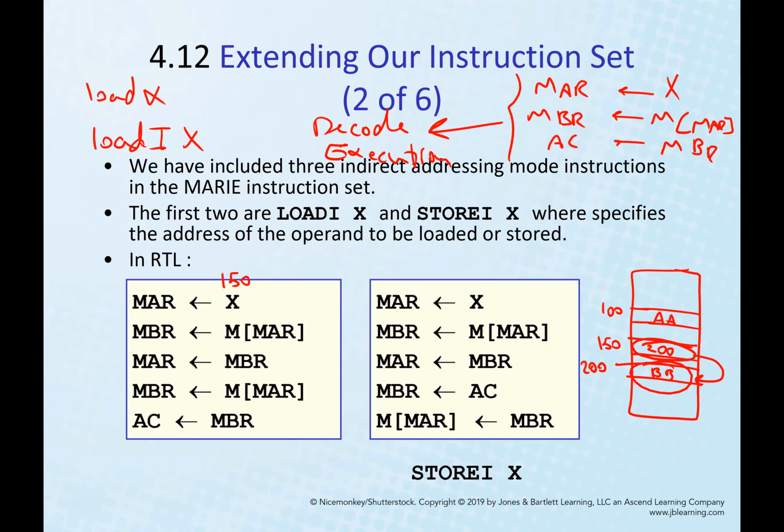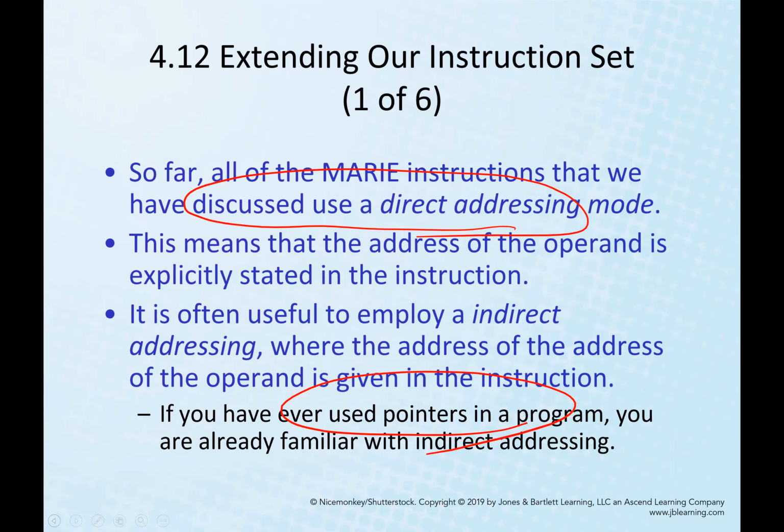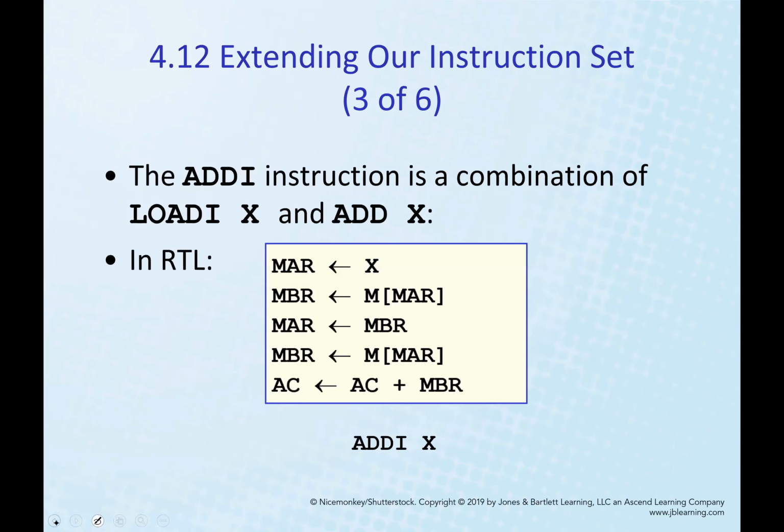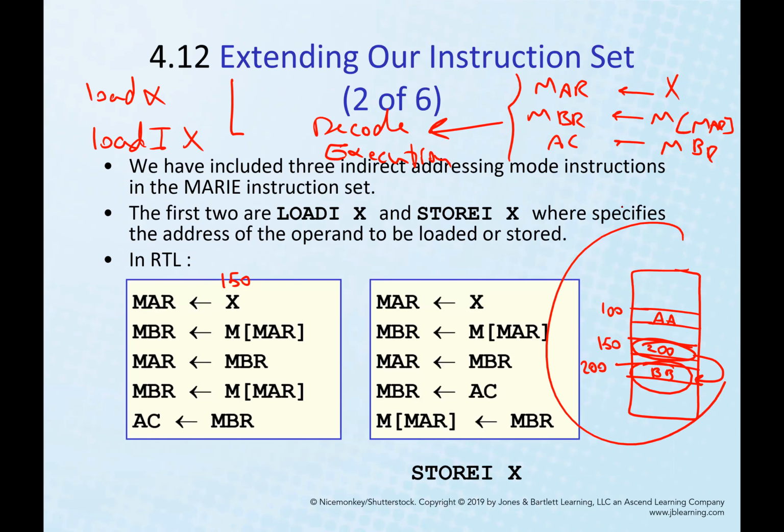So let's go back to our example. If you remember, our example was, where is our example here? This example. X goes to MAR, 150 moves to MAR. The content of 150 goes to MBR.